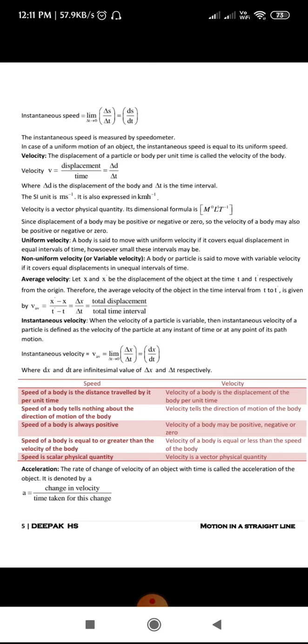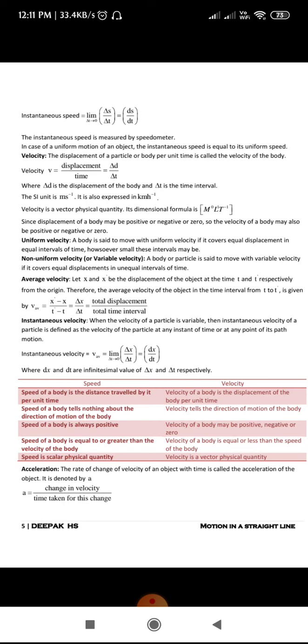So next, the average velocity of the object in the time interval from t to t dash can be written as v average equals x dash minus x divided by t dash minus t. Here x dash is the final position of the body, and x is the initial position of the body.